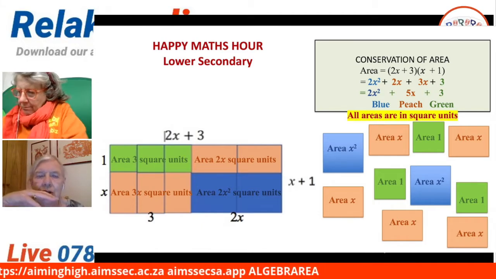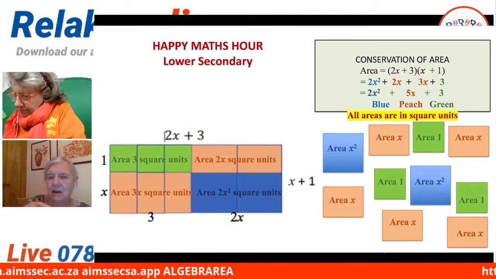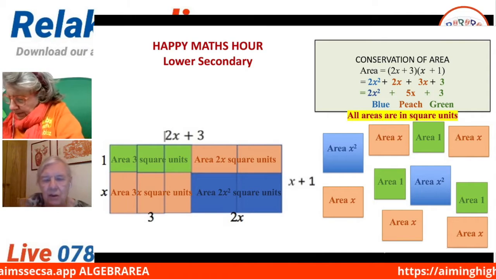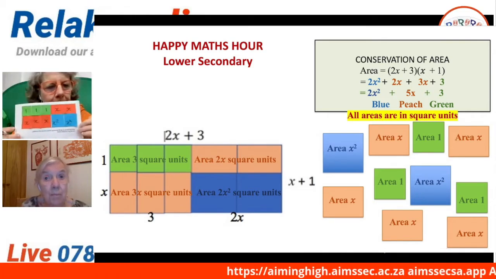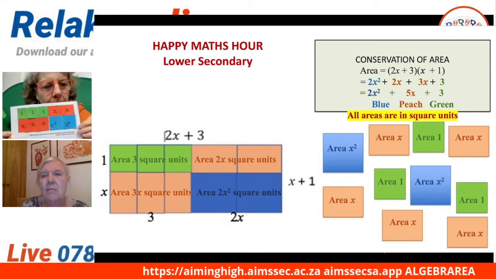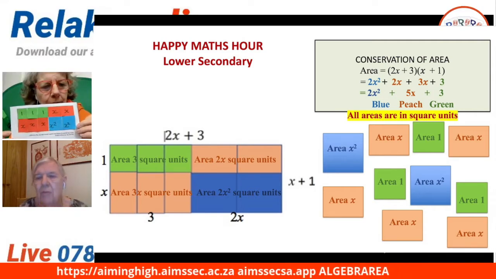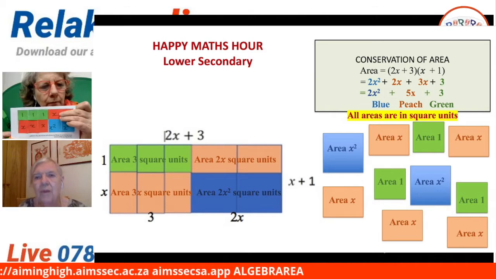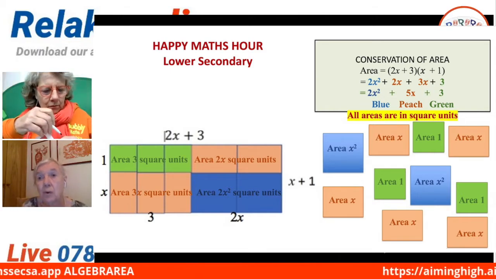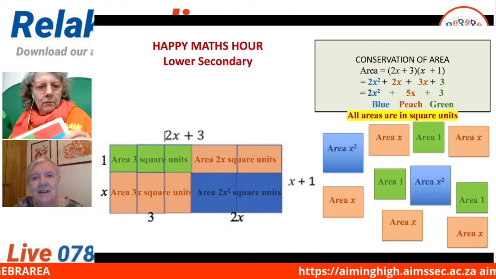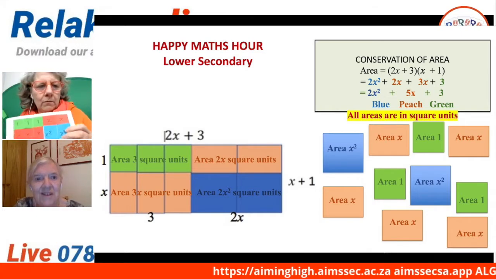And the bridge was the idea of multiplication, because when you do purely numbers, you're multiplying how many there are in each row by how many there are in each column, and that gives you the number of units, and that's your area, the square units.